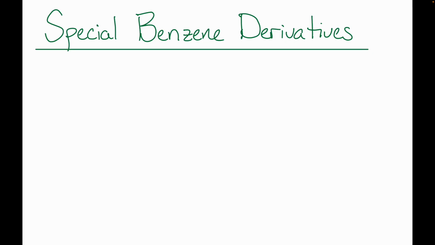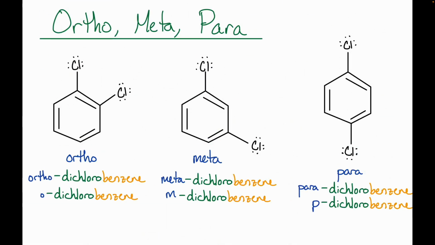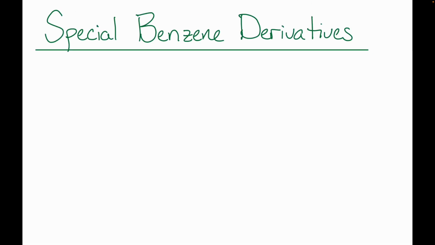These special benzene derivatives have names that have just stuck for historical reasons, and so we refer to these molecules by their special names. Some of them make a lot of sense. Other ones seem to have come out of left field.